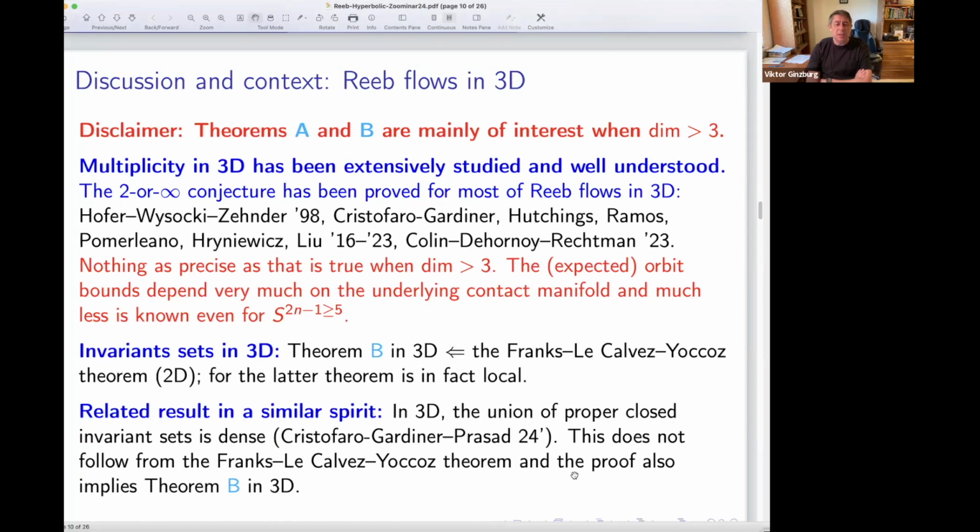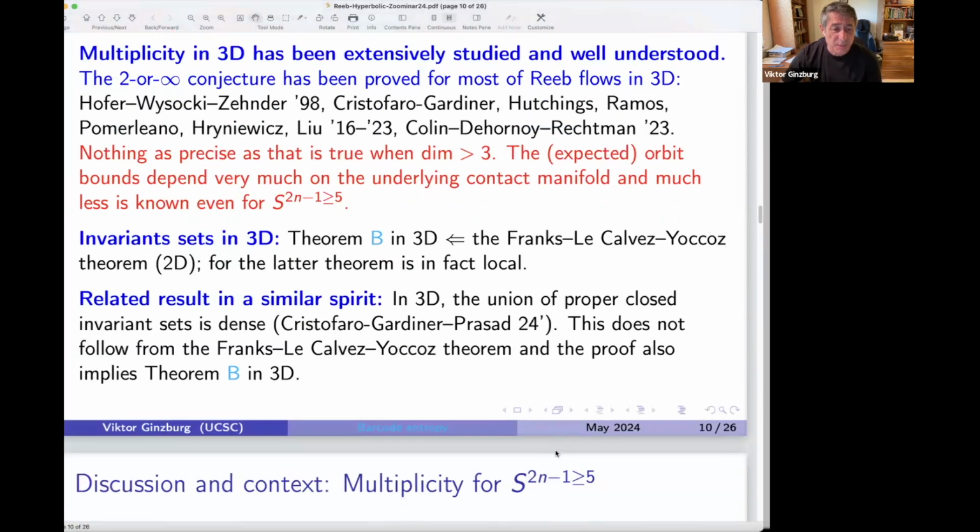The statement is that the union of proper closed invariant sets is dense, and this also implies our theorem B, or at least the proof implies our theorem B. And this is also purely three-dimensional, at least at this stage of our knowledge. Our theorems are mainly interested in higher dimensions.